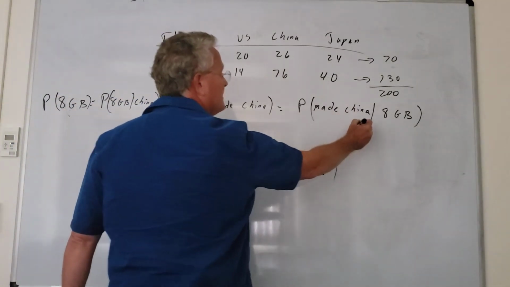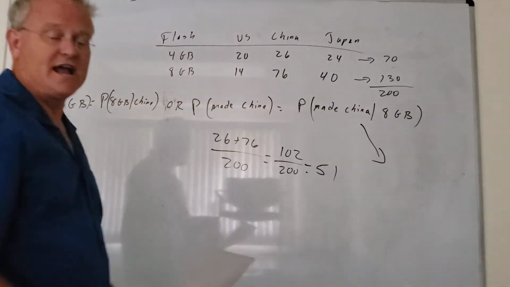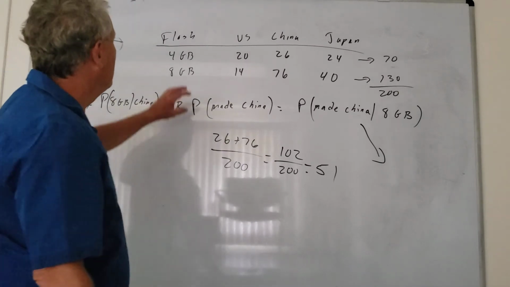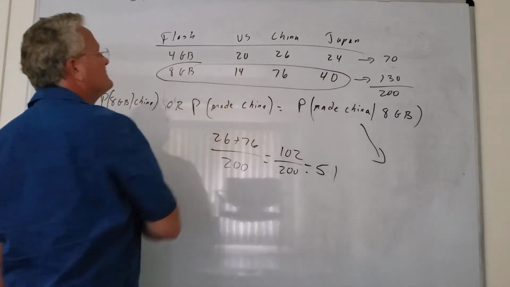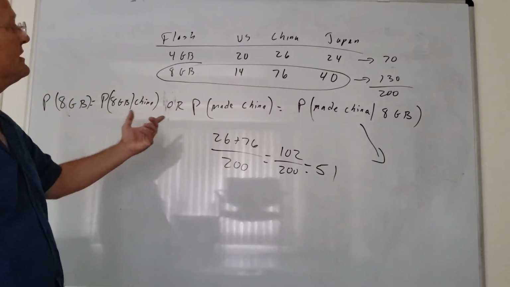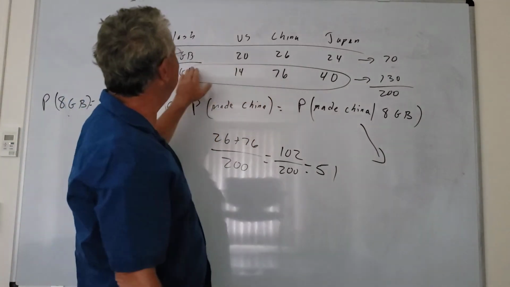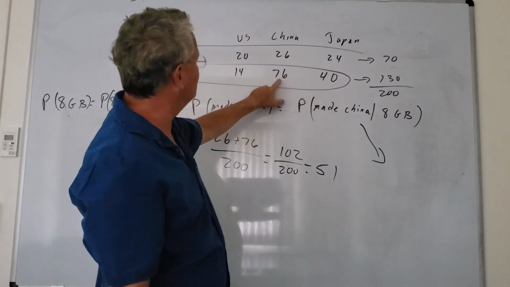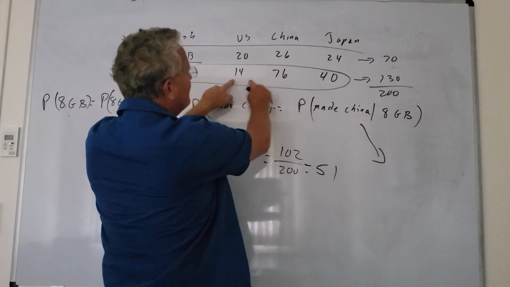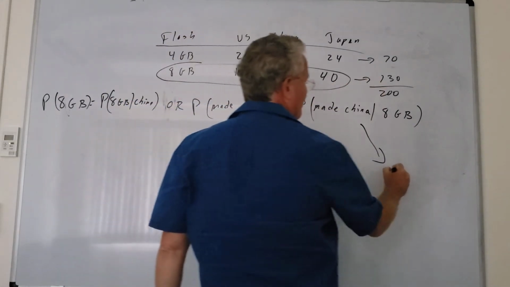All right, now what about this one? What's the probability it's made in China given that it's 8 gigabyte? Well, given that it's 8 gigabyte, we know it's got to be one of these. So what's the probability that it's made in China given that it's one of these, that it's an 8 gigabyte? Well, the probability it's made in China is 76 out of this total, which is 130.